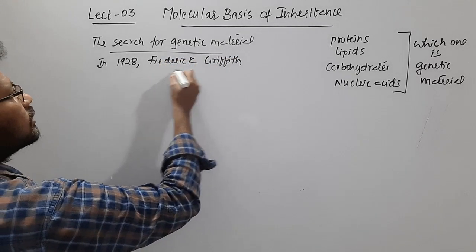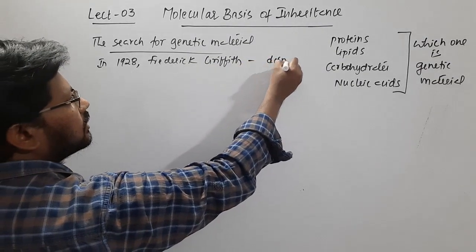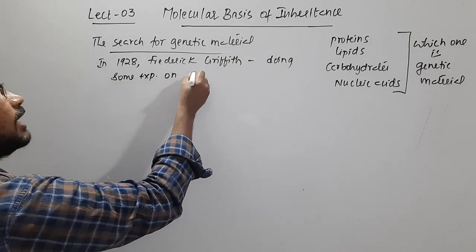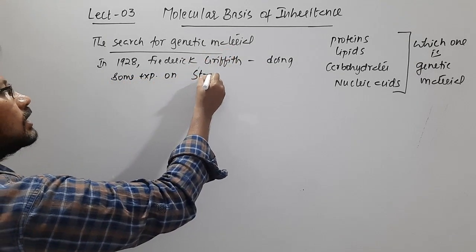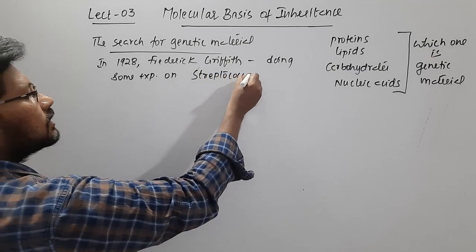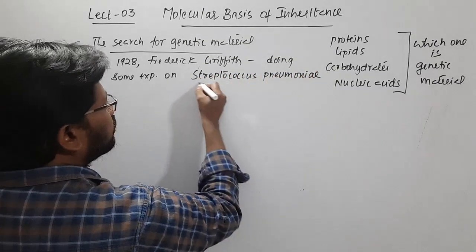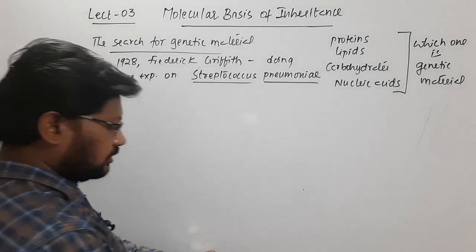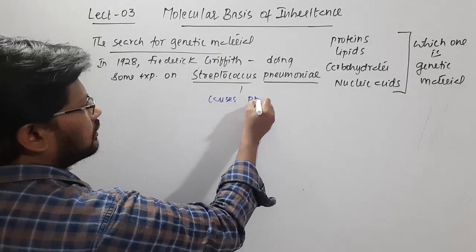In 1928, Frederick Griffith was doing some experiments on a bacterium called Streptococcus pneumoniae. This bacterium causes a disease called pneumonia.